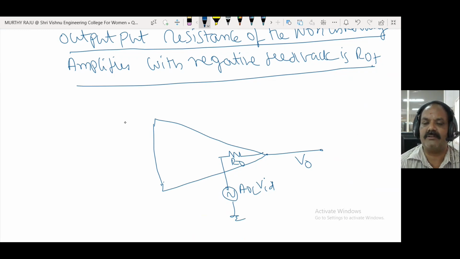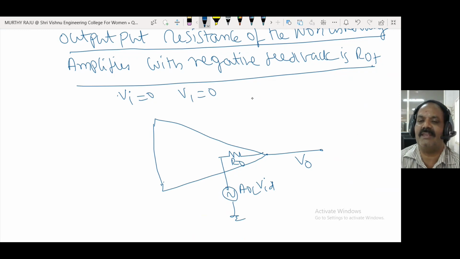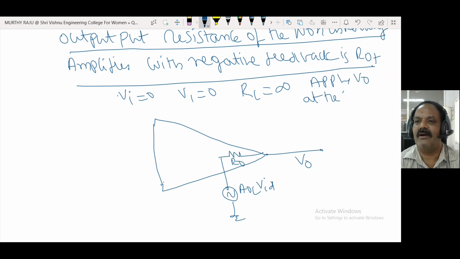For a dependent voltage source, for calculations of output, VI is equal to 0. VI equal to 0 means V1 is equal to 0. RL is equal to infinity. Remove the load resistance from the output circuit and apply V0 at the output of that op amp.